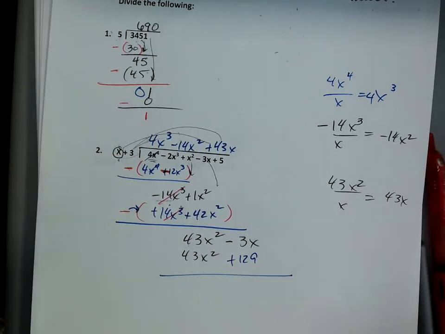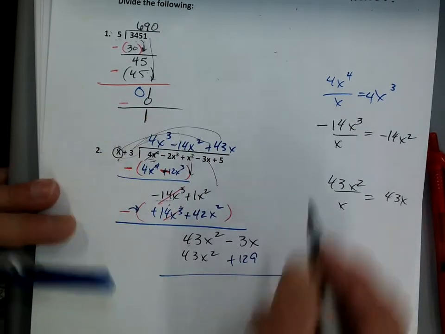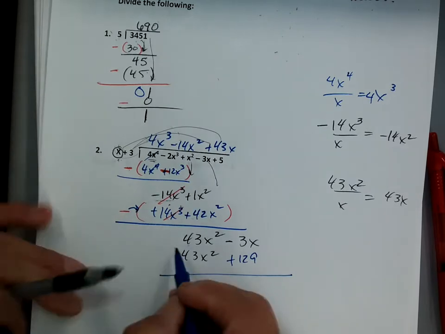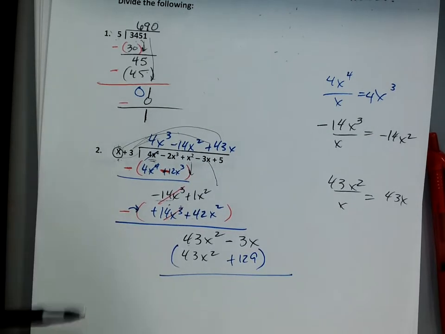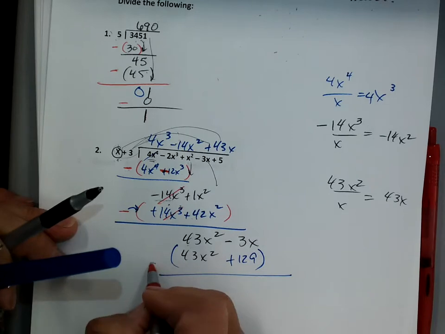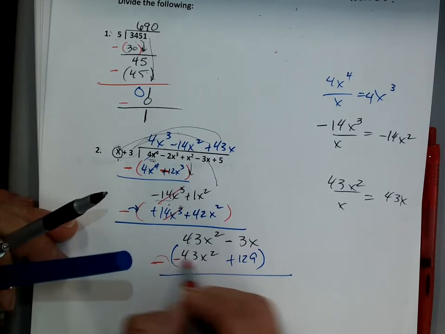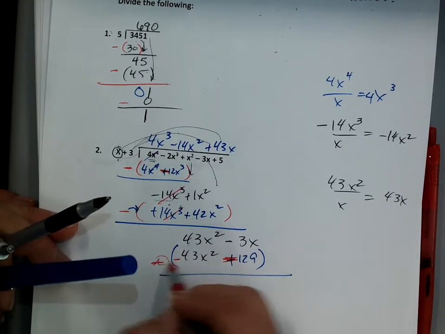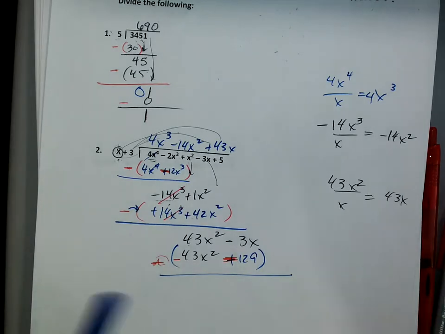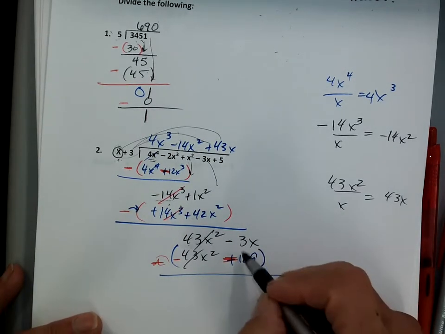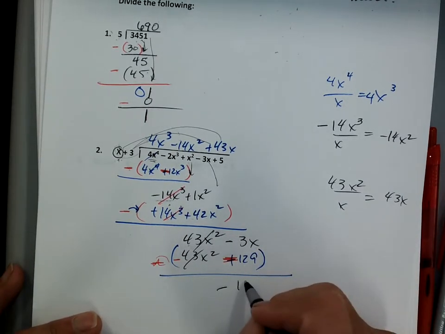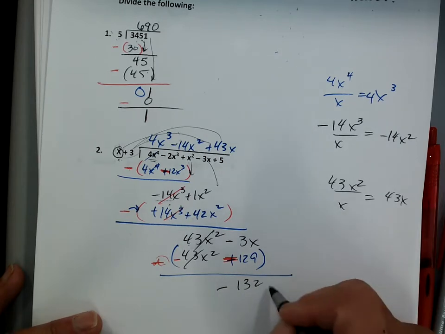Here I'll get a 1. I want the same color, so I go 1. And here I'm going to subtract also. But I have to be careful because I'm subtracting all the way through. So I'll bring the negative through. I'm going to subtract that and subtract that, so I get 0. And then I get a negative 132x.